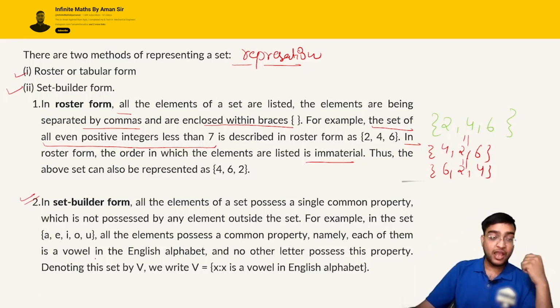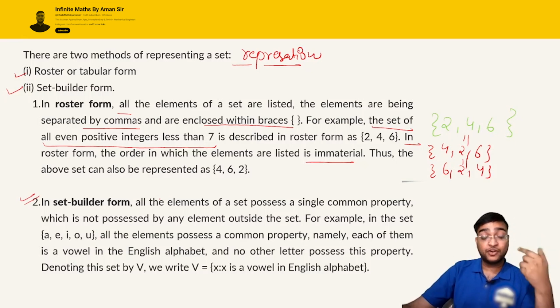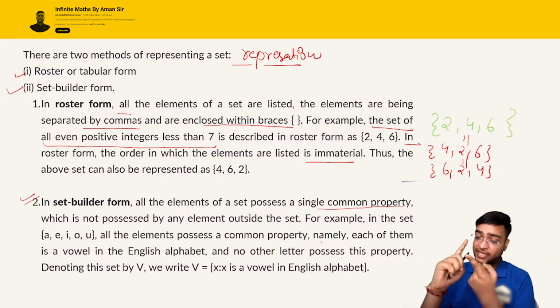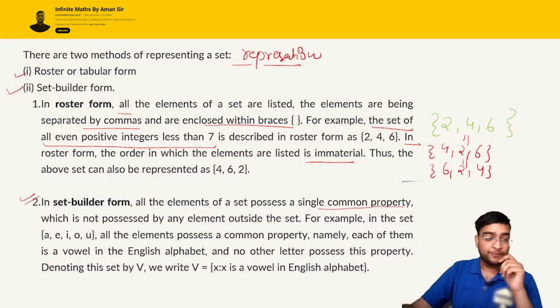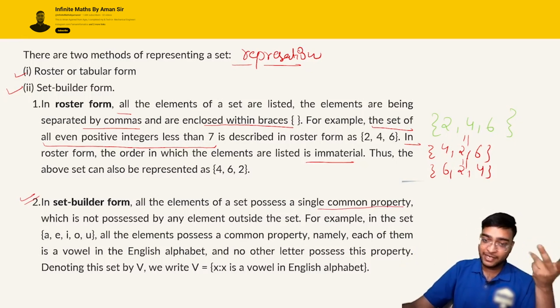First we can read the definition. In set builder form, all the elements of the set possess a single common property, which is not possessed by any element outside the set.